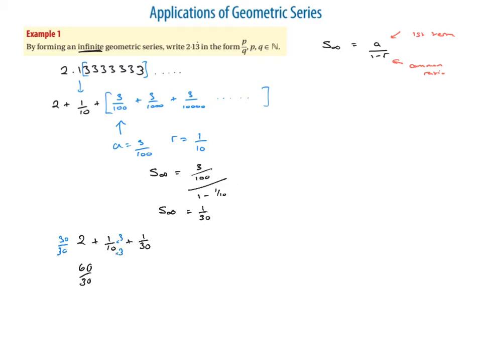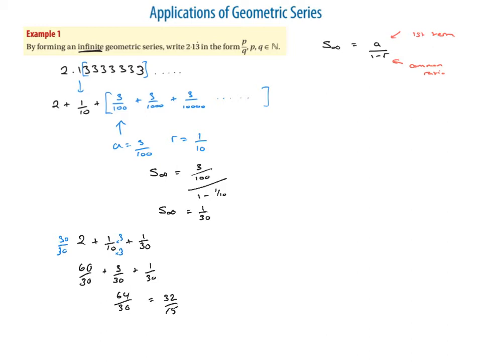So we've got 60/30 plus 3/30 plus 1/30. Add all of them up, guys, you get 64/30, and you can divide both sides by 2, which gives you 32/15, and we're finished.